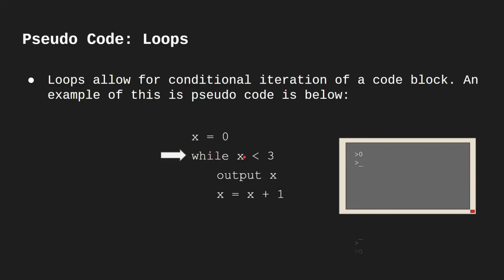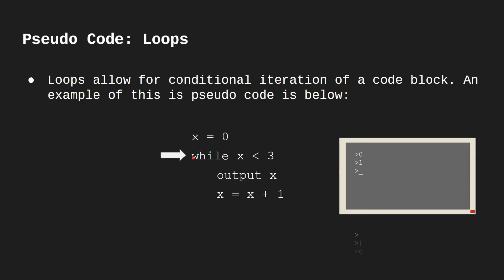So the next question we ask is, is 1, because the current value of x is 1, less than 3? It is, so we continue our loop. We output the value 1, and then we do our reassignment. We say reassign the value of x to 1, because the current value of x is 1, plus 1, which is 2.